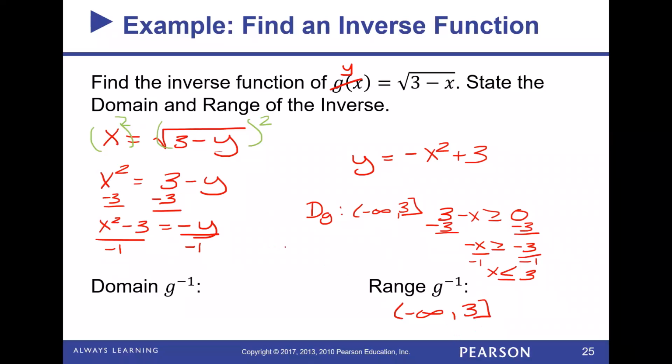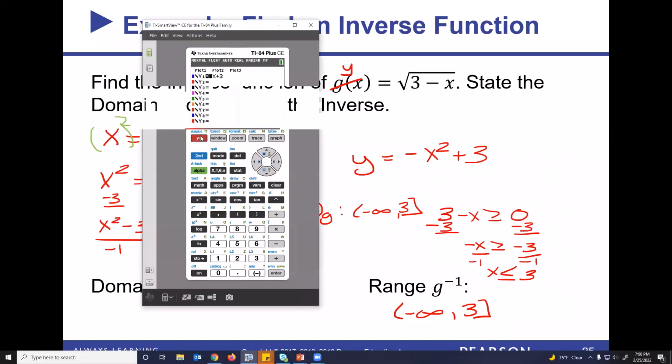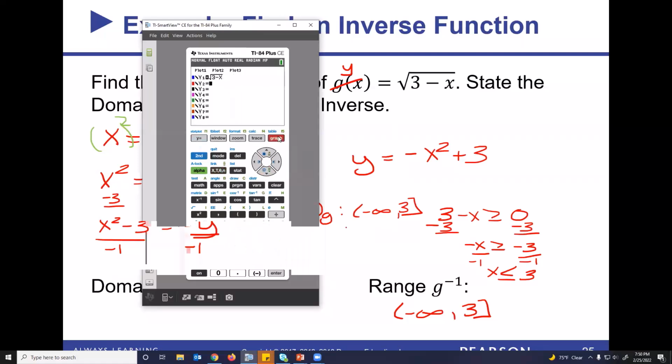Now let's see if we can find the actual range of this function. If you're not familiar with this function, it does make it a little bit harder, and I strongly encourage you to use that calculator. Domains you should be able to do by hand, but in case not, the calculator is there for you. But the range might be harder to do by hand.